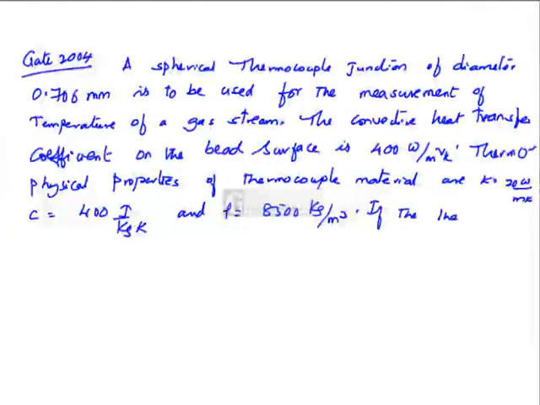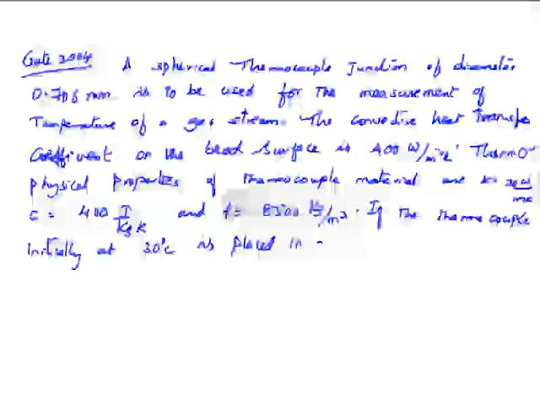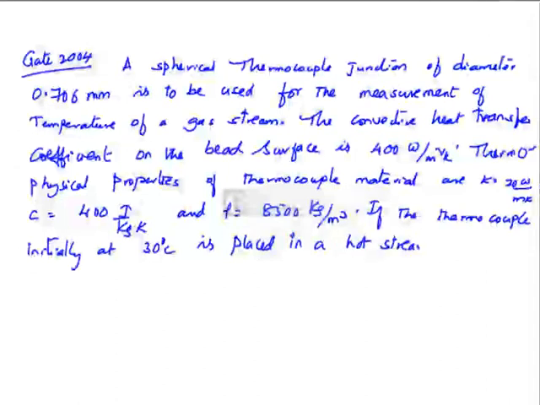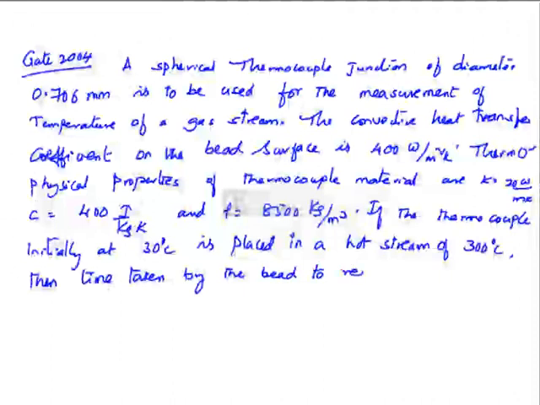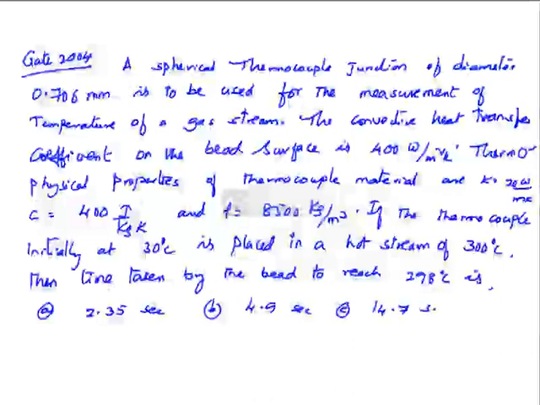If the thermocouple initially at 30 degrees centigrade is placed in a hot stream of 300 degrees centigrade, then the time taken by the bead to reach 298 degrees centigrade is A 2.35 second, B 4.9 second, C 14.7 second, D 29.4 second.